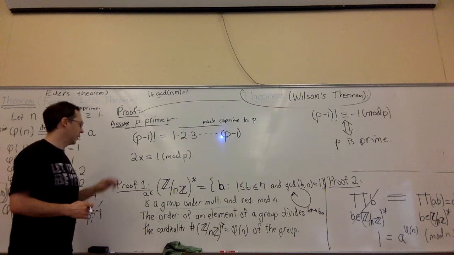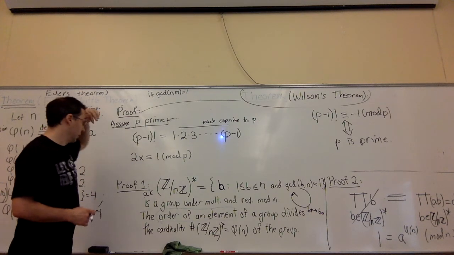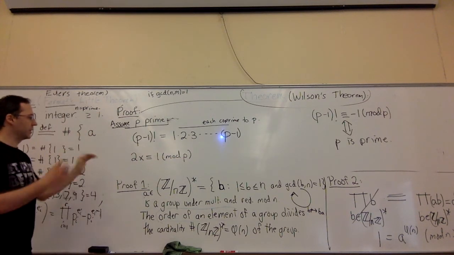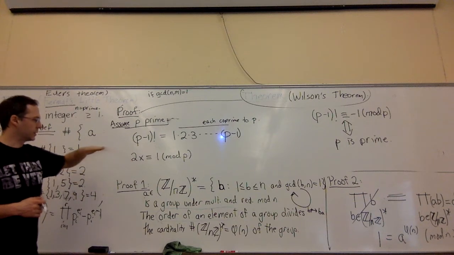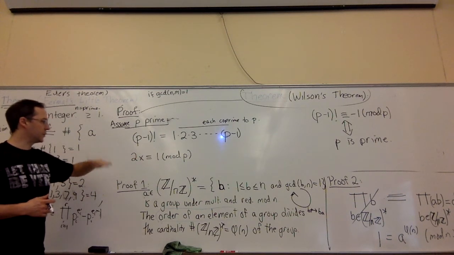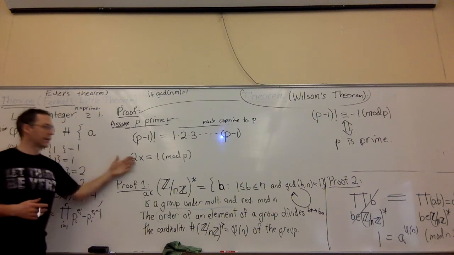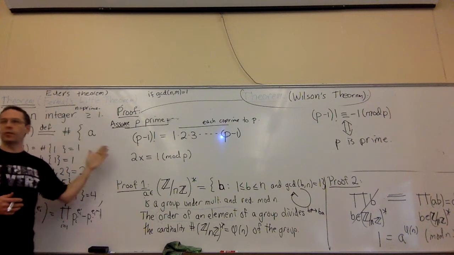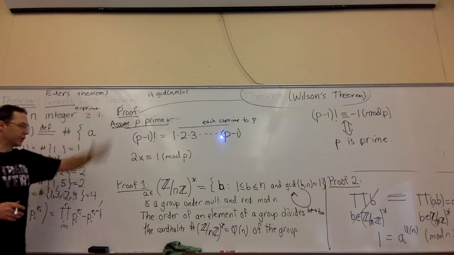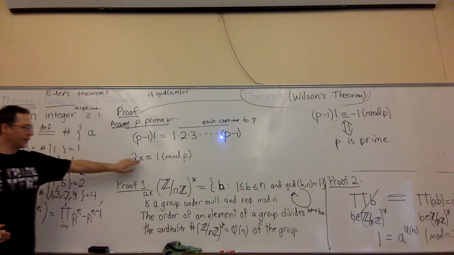You write 2 and p, you find an a and a b so that 2 times a plus p times b is equal to 1, and then using that you can read off an x that solves this equation. Or you can use a complete set of residues, you multiply and you find the same set again, and therefore there has to be a solution.